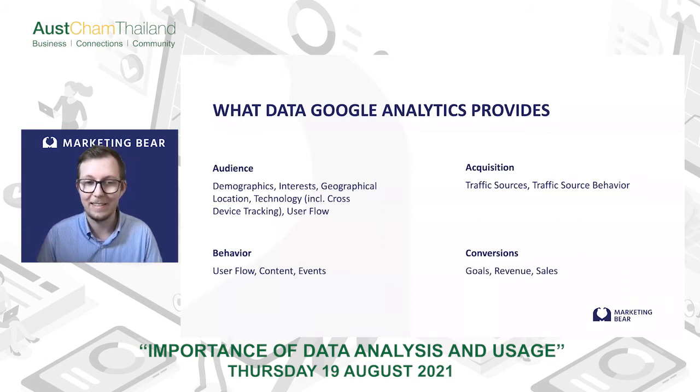It's not exact data. So if you compare it, for example, to Facebook, where most of the users are happy to provide all their personal information, Google does it a bit differently. They use algorithms to calculate what kind of user that might be, and that data you have access to.